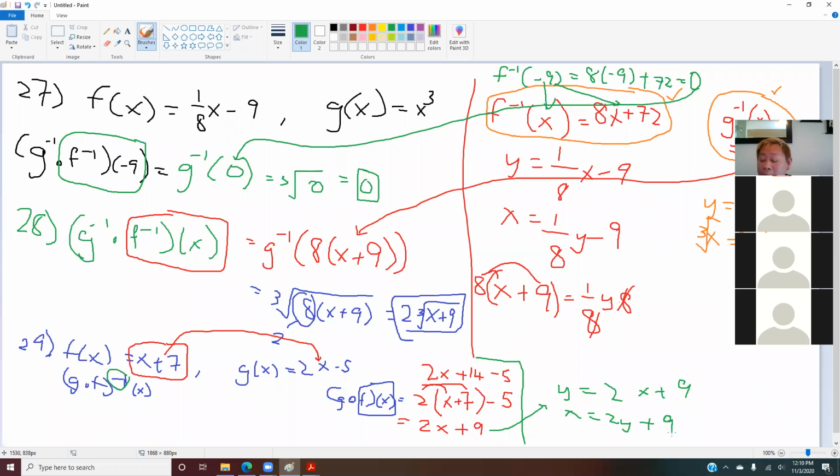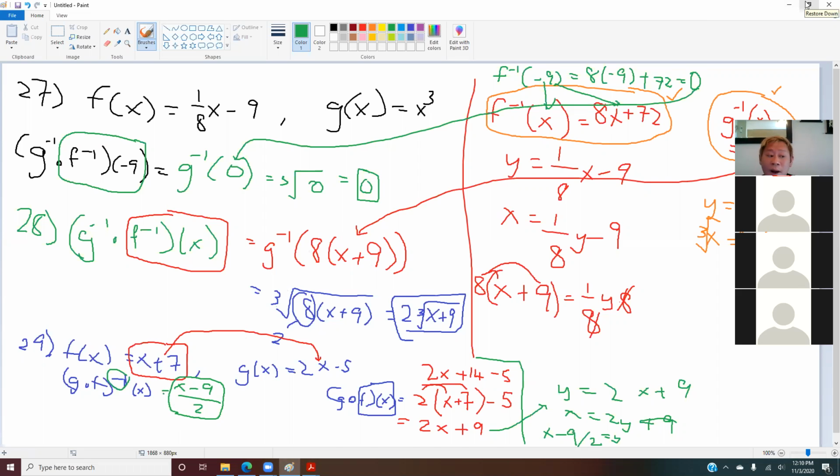And then you solve for y, right? So when you solve for y, you subtract 9. This is gone. And then you divide everything here by 2. So your answer in this case is x minus 9 all over 2. So this is your answer for question number 29.